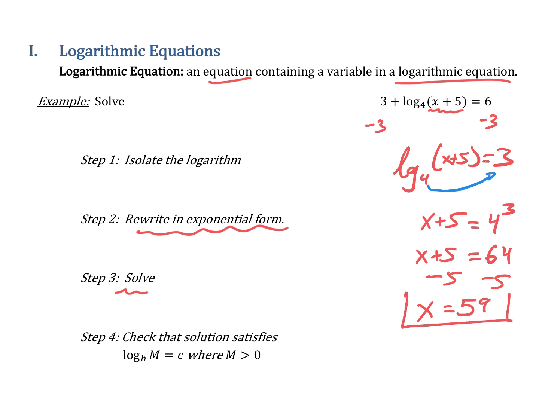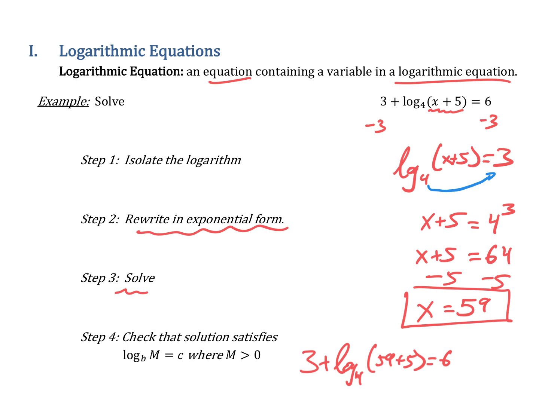59. Okay, so now we need to check. We need to make sure that when we put this number in the logarithm, we get a number inside the log, the argument, that is bigger than 0. So for our check here, log base 4 of 59 plus 5 equals 6.